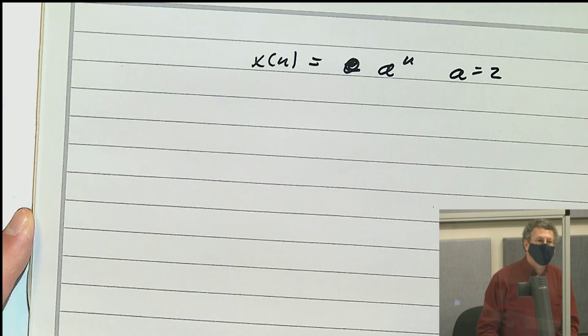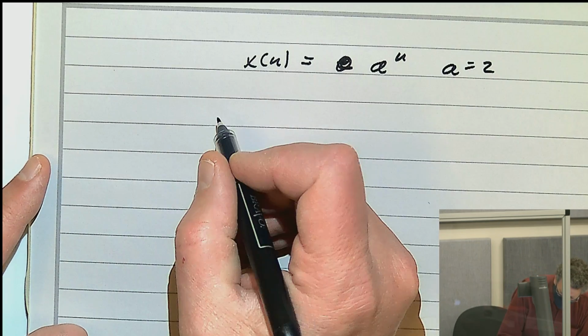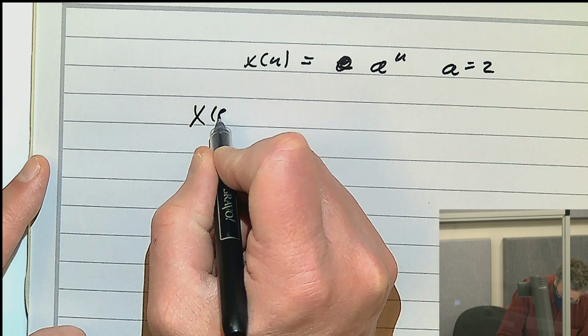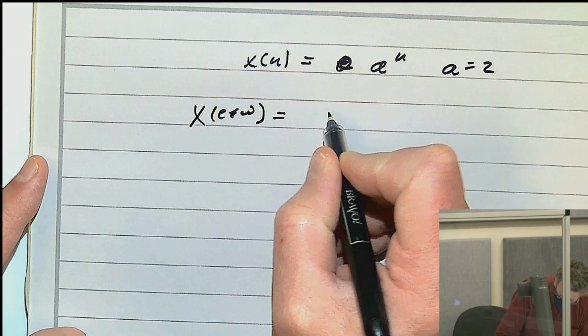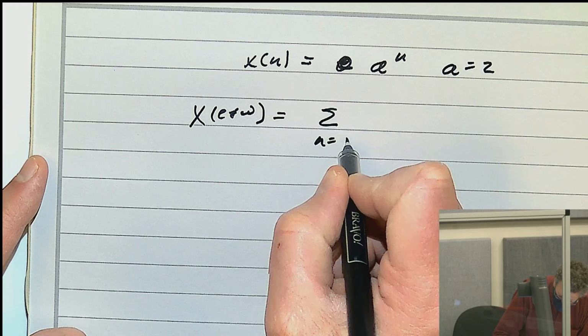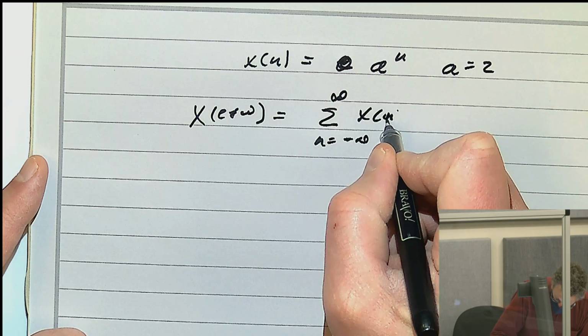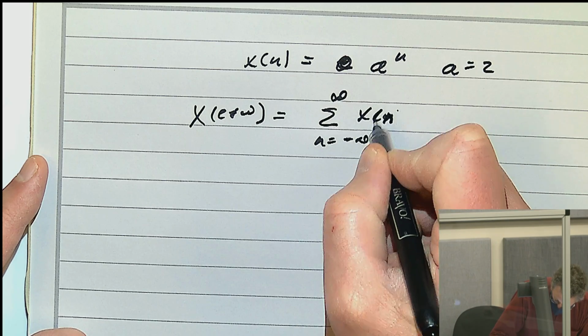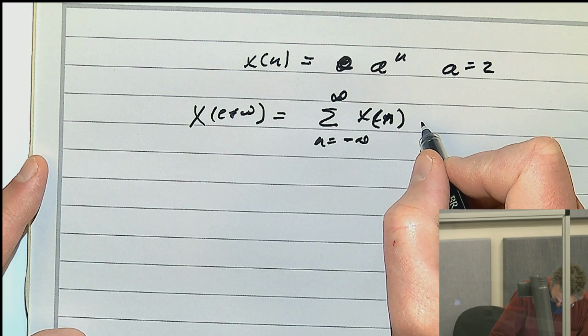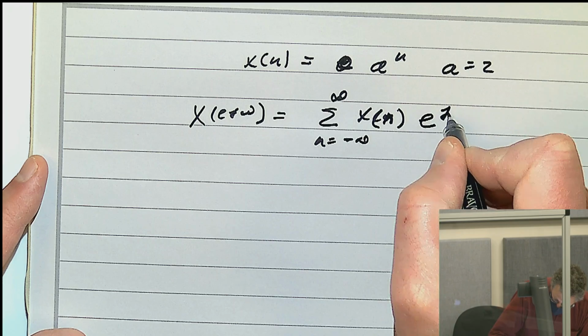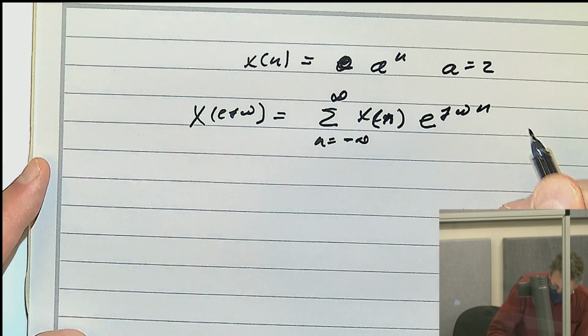Then the discrete time Fourier transform would be X of e to the j omega equal to the sum from n equals minus infinity to infinity of x of n, oh, I'm getting sloppy here, times e to the minus j omega n.